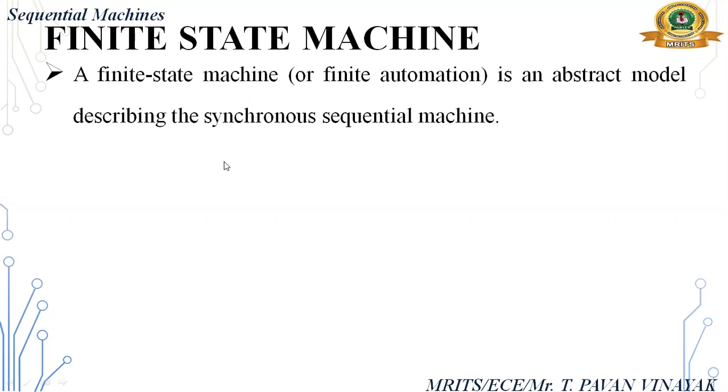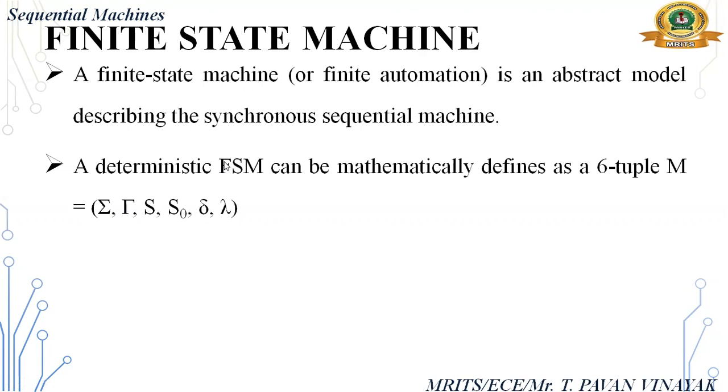An FSM is mathematically denoted with a six-variable function. Those variables are sigma, gamma, S, S naught, delta, and lambda.